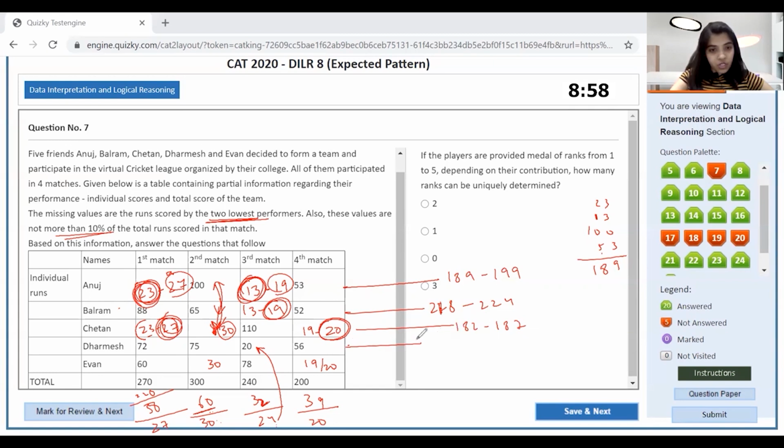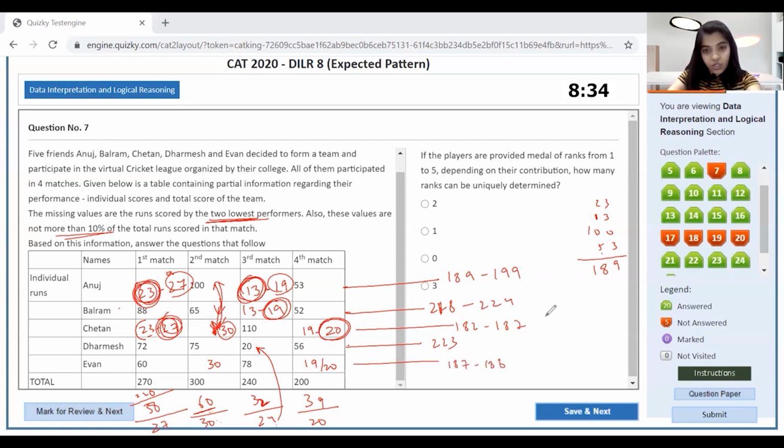Right, Dharmesh's ranges, we just know what it is. 7 to the 14, 15, 16, 21, 216, 221, 223. And here we have 6, 7, 8, 9, 9, 7, 16, 168, 188, 187 to 188, right?